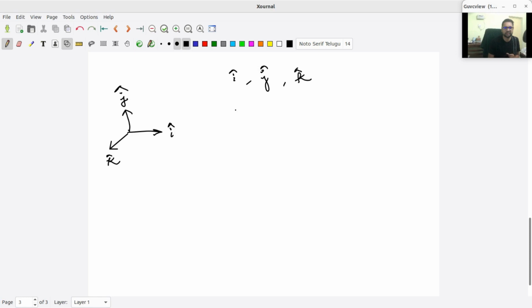So i cross j equals k, and j cross i equals minus k. Similarly, j cross k will be i, and k cross i will be j. So this is how it will go. If you go in the reverse direction, it will be minus.